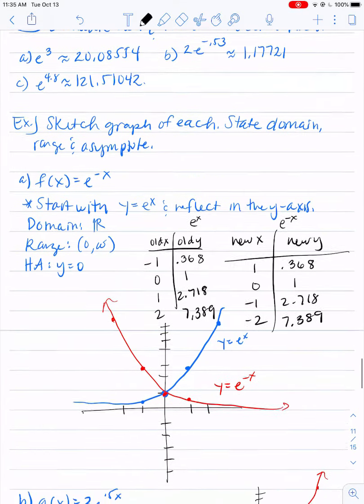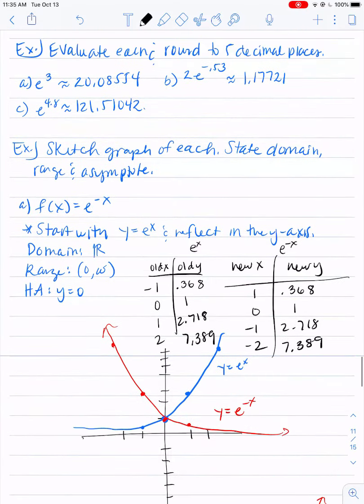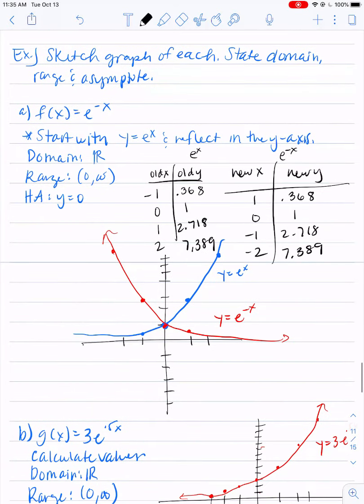Alright, so I have these values that I calculated from Desmos. Now we're going to sketch the graph of each of these, and state the domain, range, and asymptote. For our first one, we have f(x) = e^(-x).